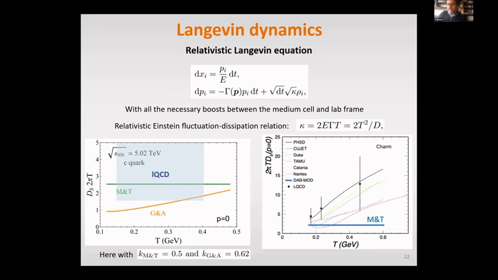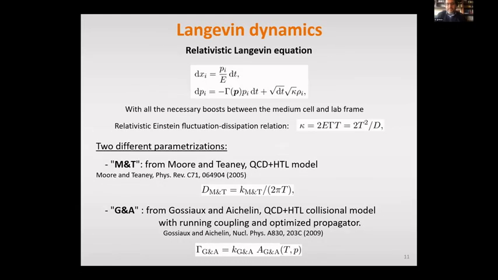They used pQCD and then multiplied by a K factor. Is this the work that you refer to or other works? I think so, yes. Okay, so maybe it's some upscaled value. Yes, it was the 2005 work.